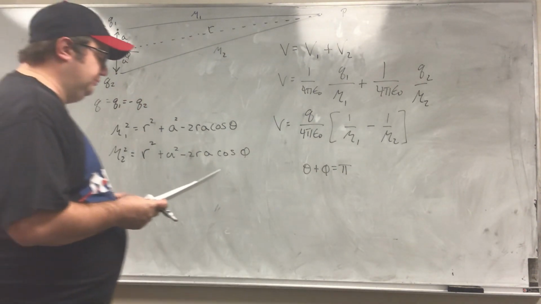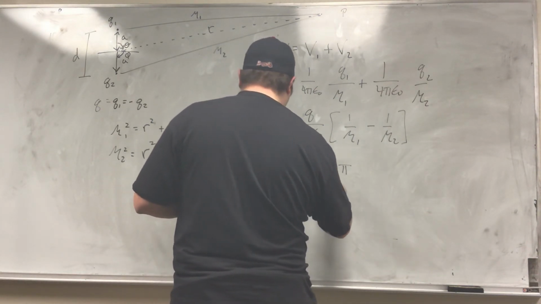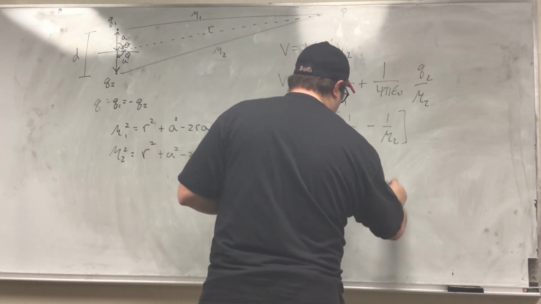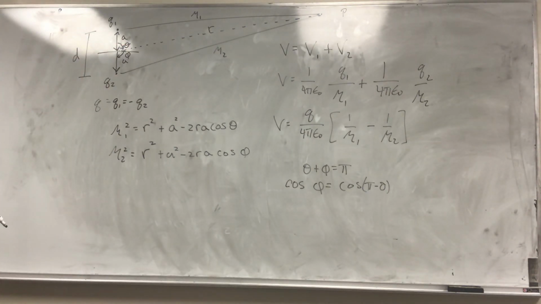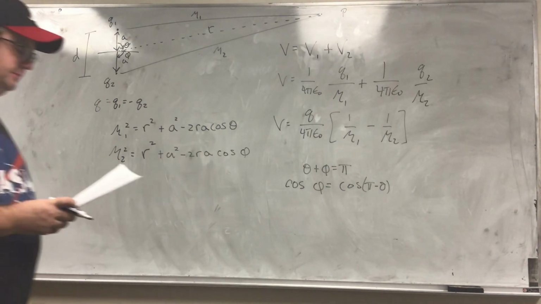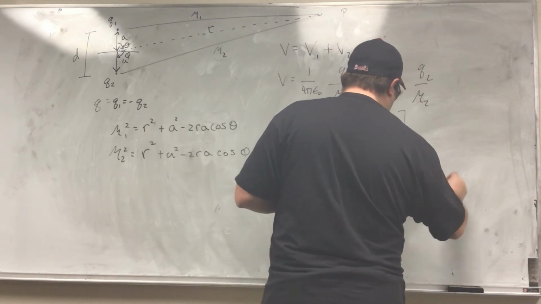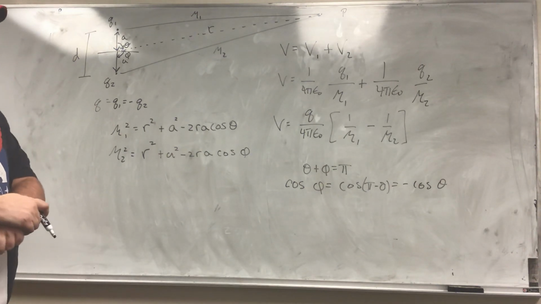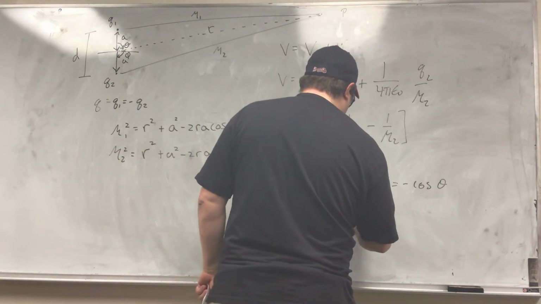Okay, so the cosine of phi is going to be equal to the cosine of pi minus theta. And then I can use an identity that tells me that this is going to be minus the cosine of theta. So how might I prove that? Well, let's just use Euler's law.